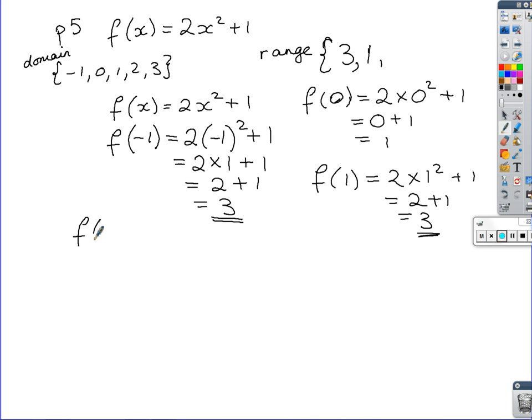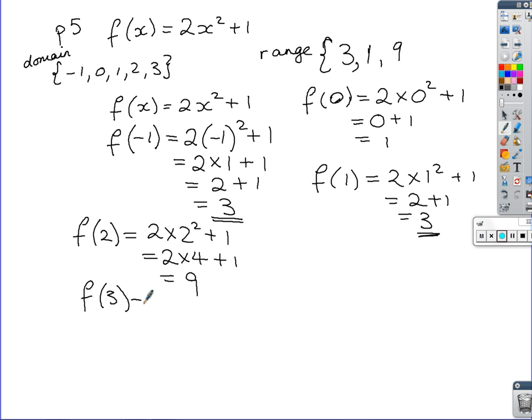Next one is f of 2. 2 times 2 squared plus 1. So 2 times 4 plus 1 is 9. Is another number. F of 3 is 2 times 3 squared plus 1.